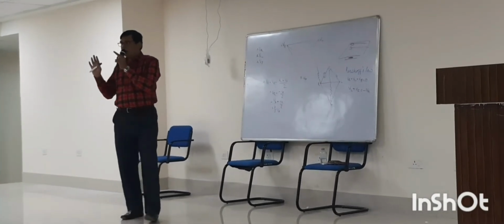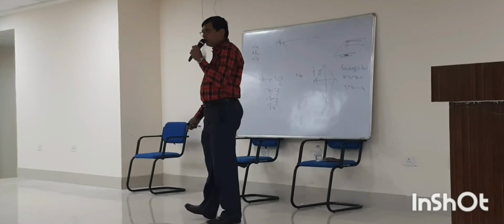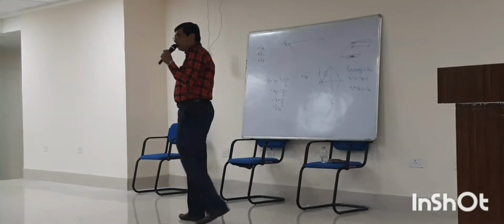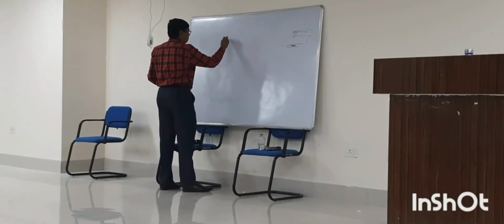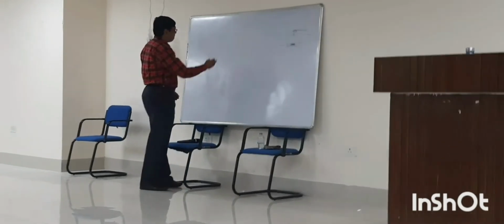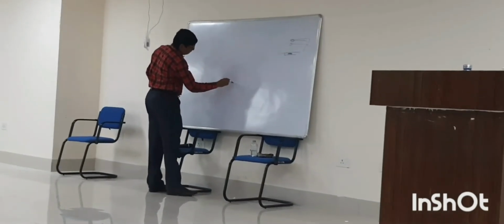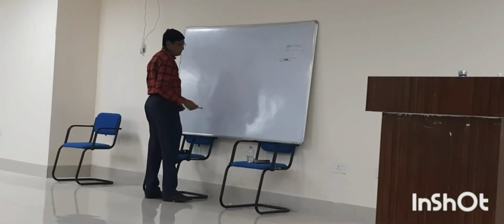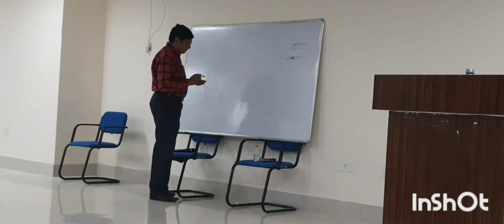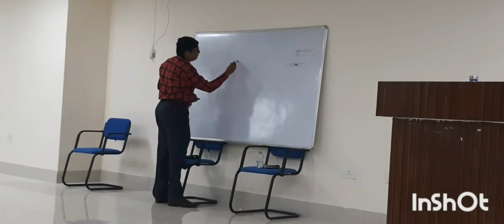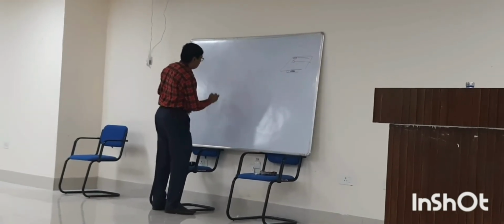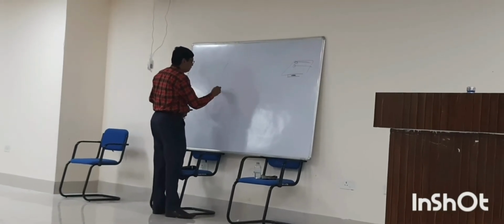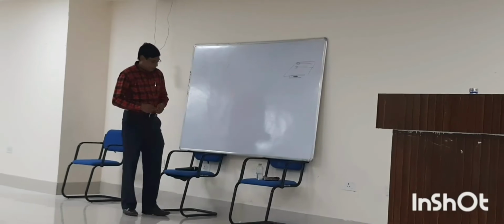So, if we consider all the leads in a single diagram, it will look like this. Suppose this is the heart, or the heart is a hollow organ.